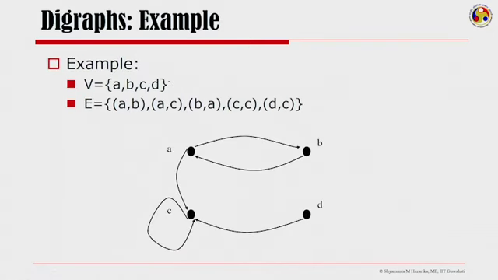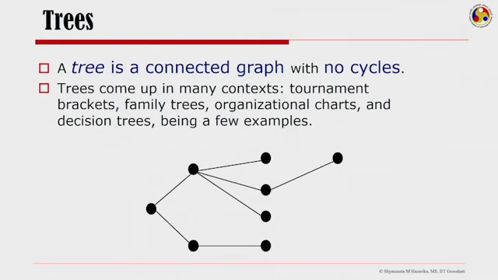So here is an example of a digraph. I have a set of vertices A, B, C, D and pairs of edges AB, AC, BA, CC, DC. If these pairs are directed arcs rather than just edges as in the general graph I was talking of, then what we have is a digraph. A tree is a connected graph with no cycle.